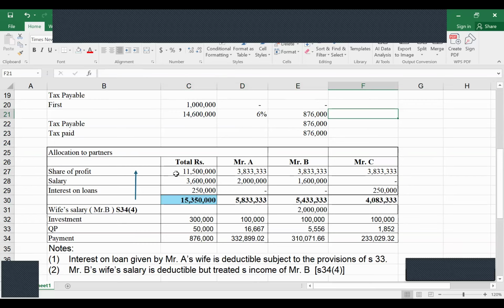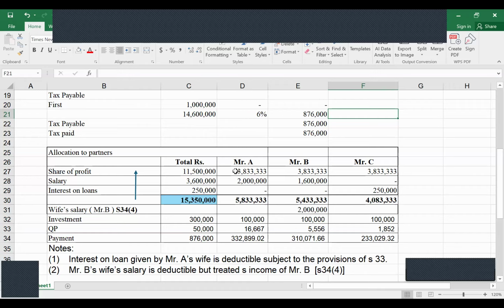Then we have to allocate this business profit into partners. How? In the question it says profit attributable equally among partners. Therefore, this share of profit should be allocated to partners equally.